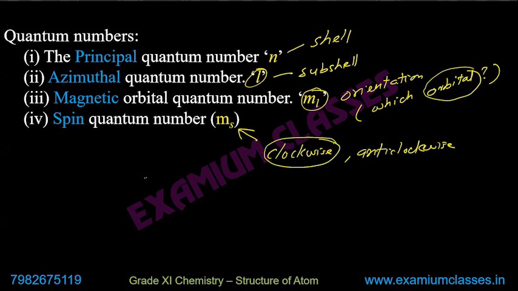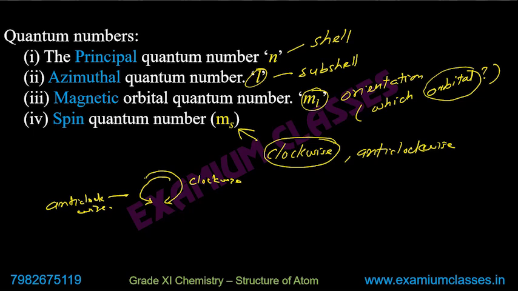If something is clockwise from the top, and I see the same thing from behind, it will be anti-clockwise. So it is with respect to each other. If I'm looking from the top, this is clockwise, this one is anti-clockwise. But if I see from the opposite direction of the screen, clockwise looks anti-clockwise and anti-clockwise looks clockwise, vice versa.